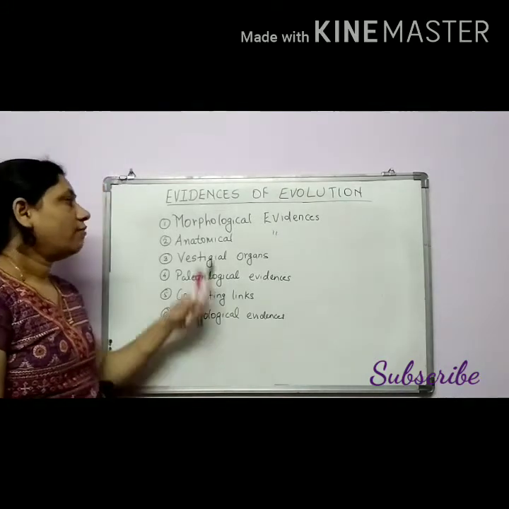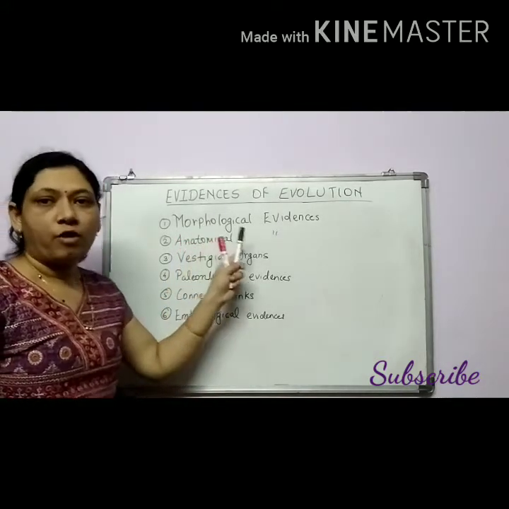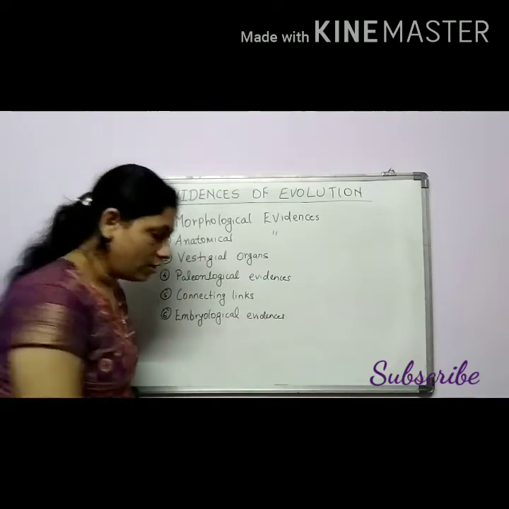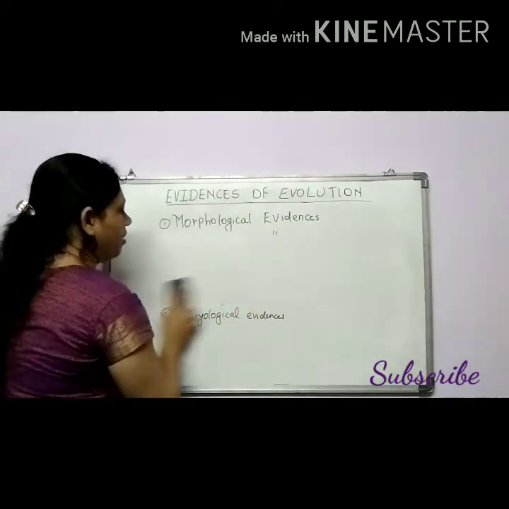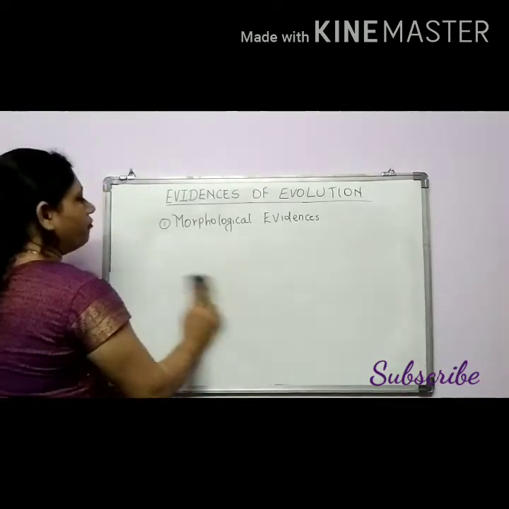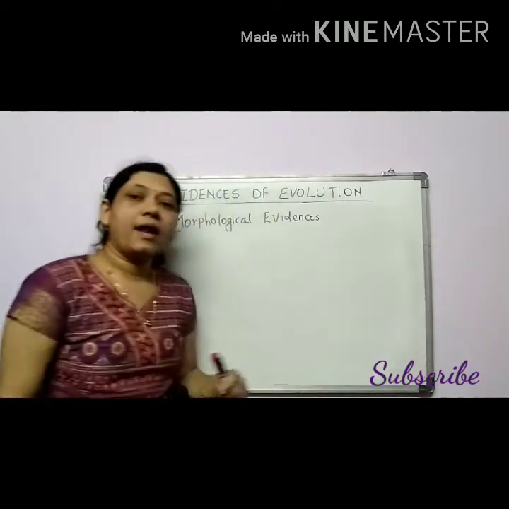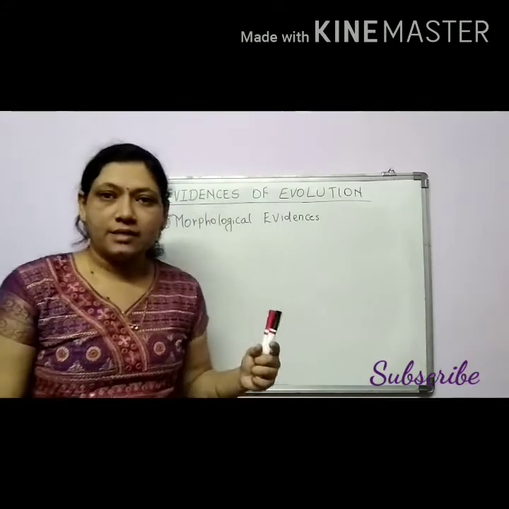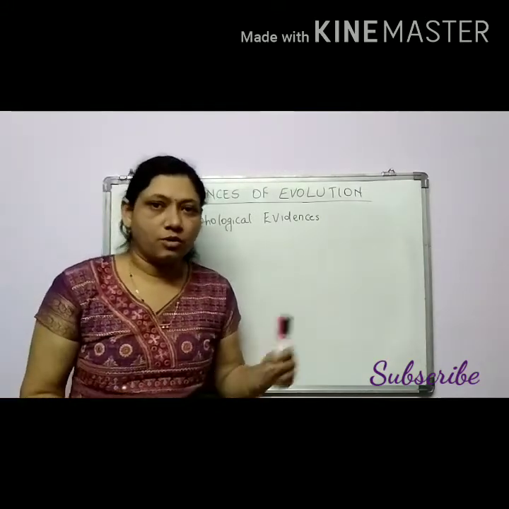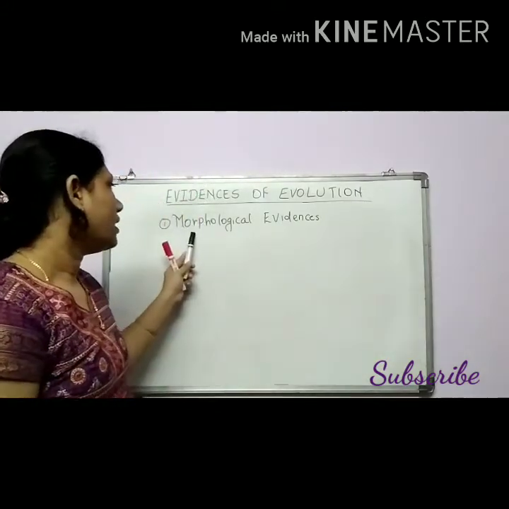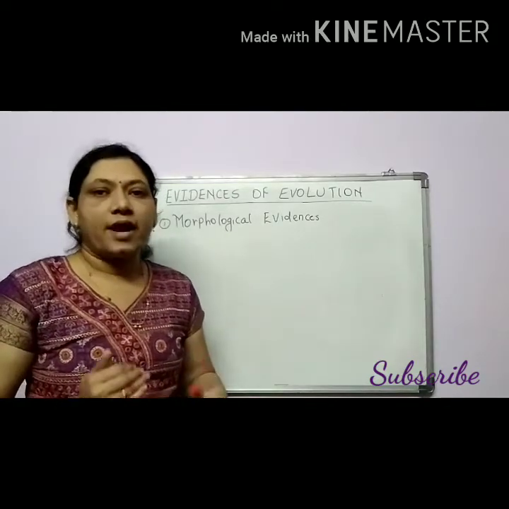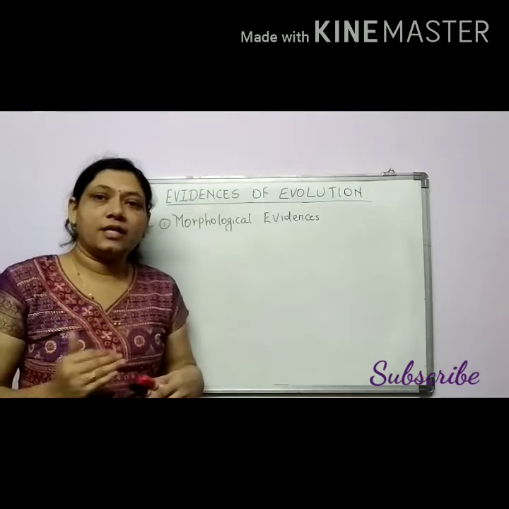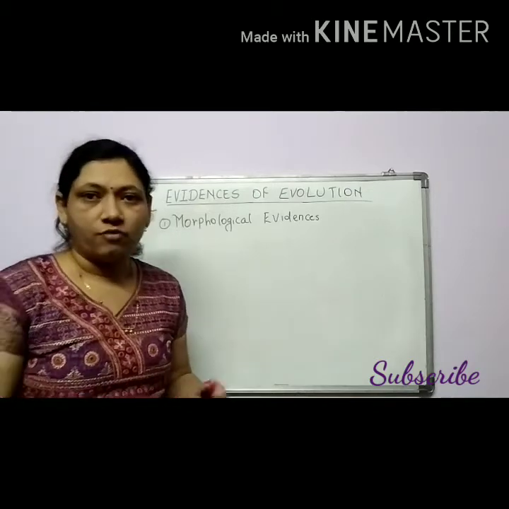Today we will learn morphological evidence and also vestigial organs in that process. In morphological evidence, I will subdivide it into 2 parts, and then you will understand what that is.